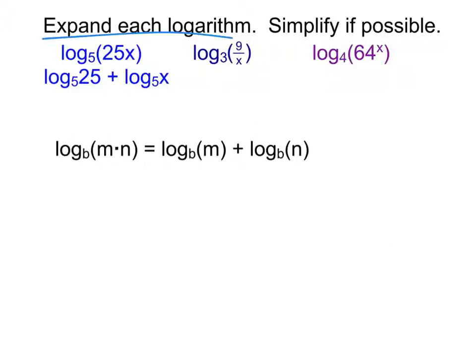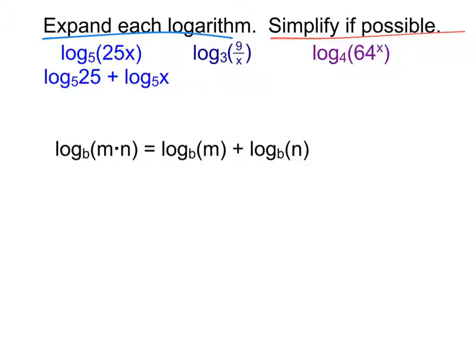So expanding is done. Now we need to look and see, can it be simplified? Is there anything here that can be simplified? Well, log base 5 of x is just log base 5 of x, but the number part here, I don't want to have to mess with a decimal, but I would want to turn it into a whole number if it is one. Is log base 5 of 25 a whole number?